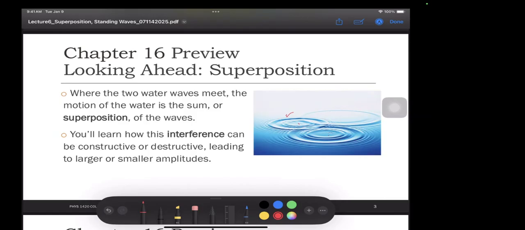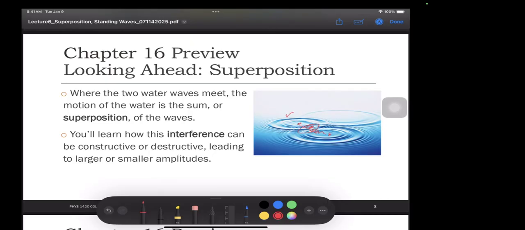If there is a source and another source, the waves will travel, and in this area the wave will be the sum of the two waves. We call this phenomenon superposition, where in one position there are two waves.